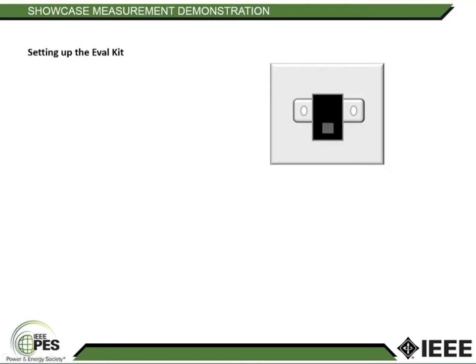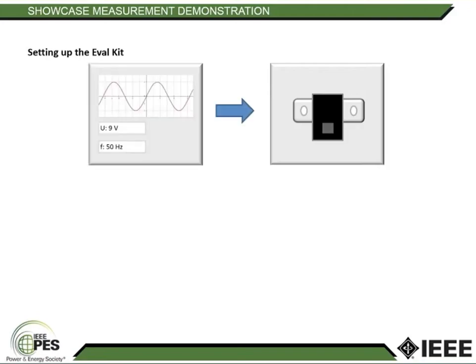So we chose a shunt-based current sensing module right here, which works with a 20 megahertz clock frequency to be triggered. And this current sensing module was fed with a 9-volt, 50 hertz grid current frequency current that it had to measure.